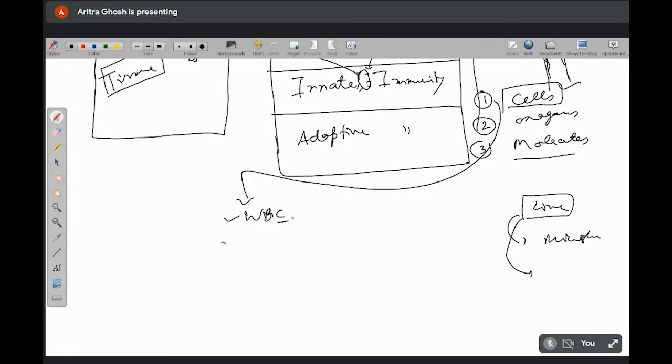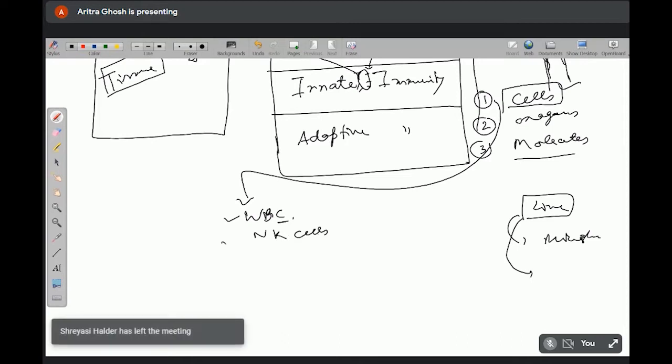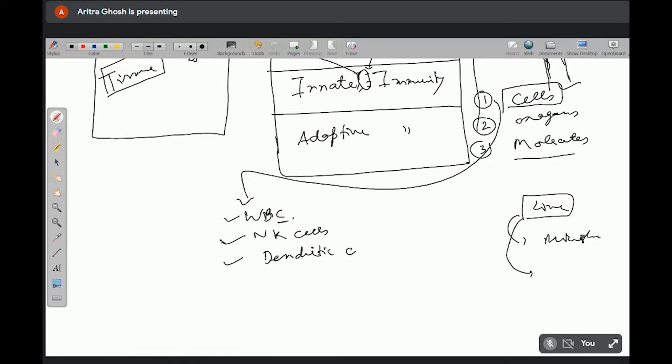Macrophages. These are the main cells which are important for this defense system, innate immunity, these cells maximum. So WBC cell, NK cell, dendritic cell, mast cell, macrophages. To some extent, I am telling you that a dendritic cell is coming from the myeloids. It's a myeloid series.